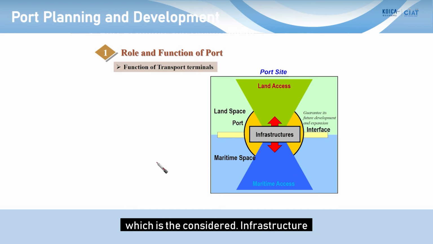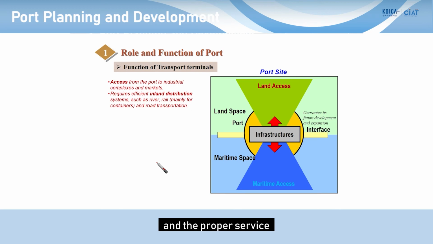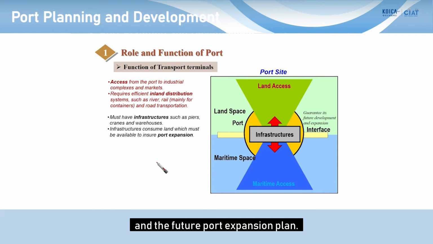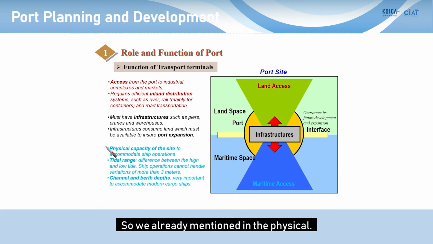We should consider the infrastructure and the proper service, the physical condition of the port site, and the future port expansion plan. So we already mentioned the physical characteristics relevant to the port plan, from tidal range to waves, currents, and also water depth, soil conditions, etc.